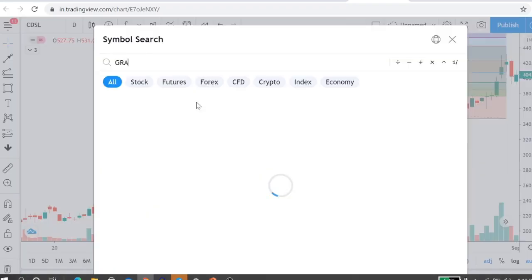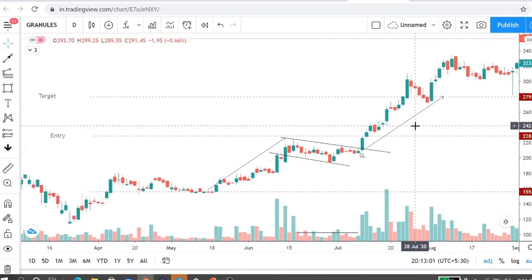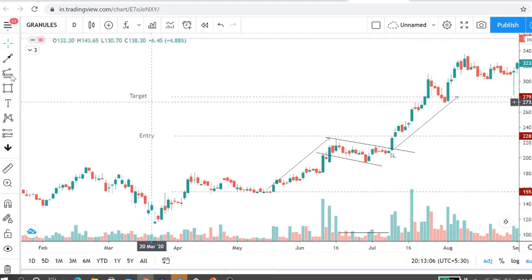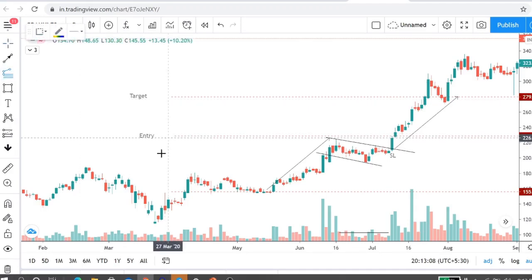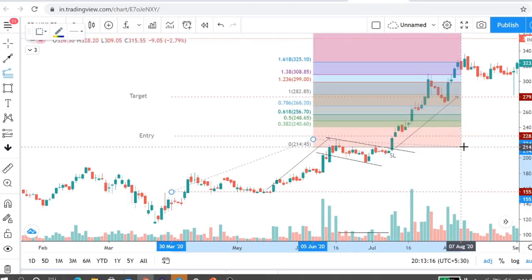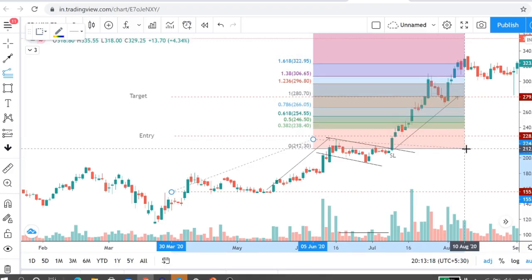Let's take another example, that is Granules. So for Granules we had this structure, right? Let's not rub this and just start doing the trend based extension over this. So we can start from here, the top is here, and we have to put it at the breakout point, that is here.